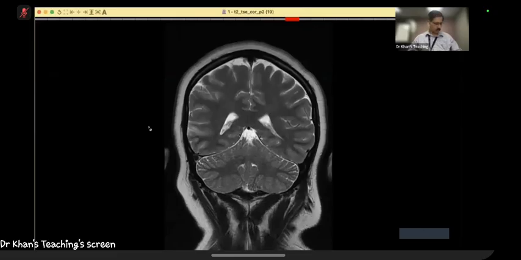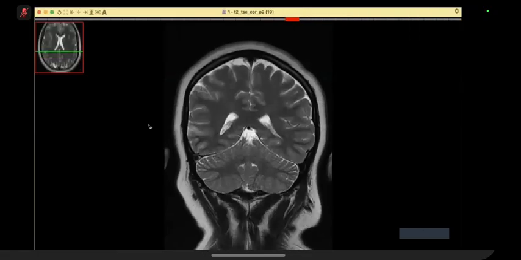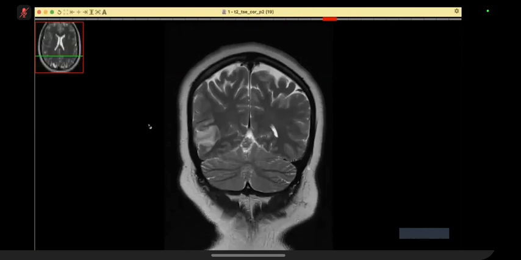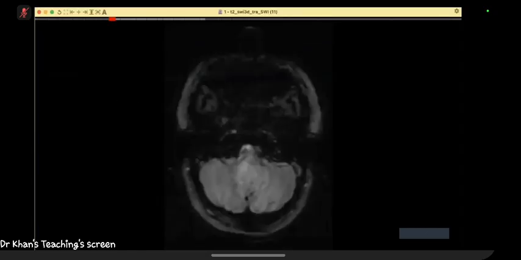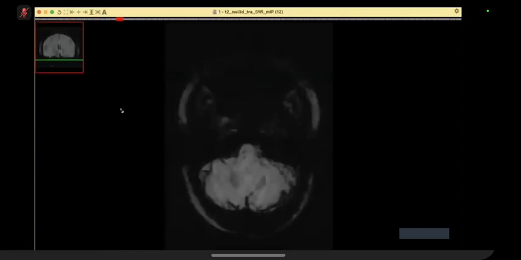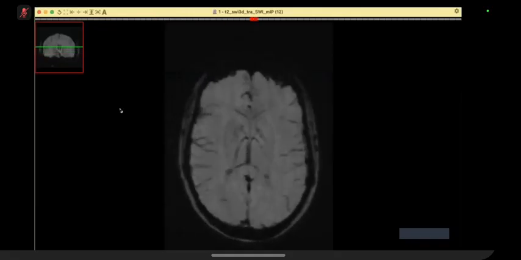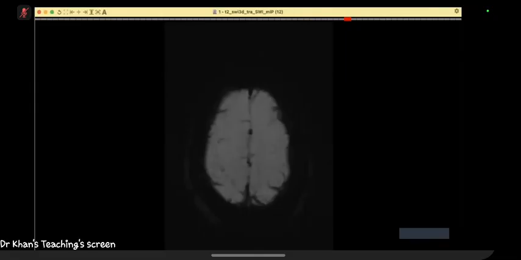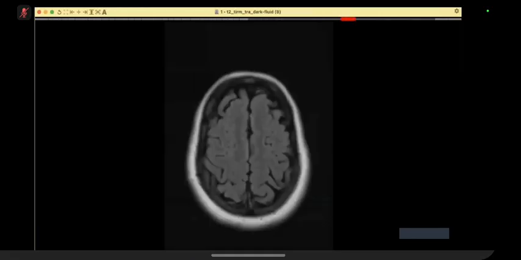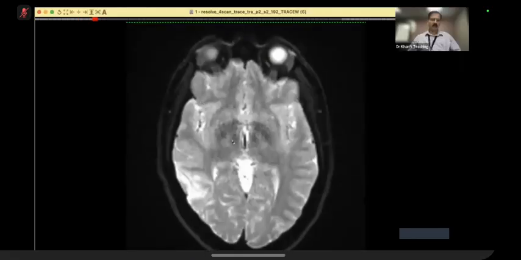I believe it could be a neoplasm as well, a low grade neoplasm, besides subacute infarct, which I thought initially. So these are the possibilities which are coming to my mind right now. Okay, thank you.